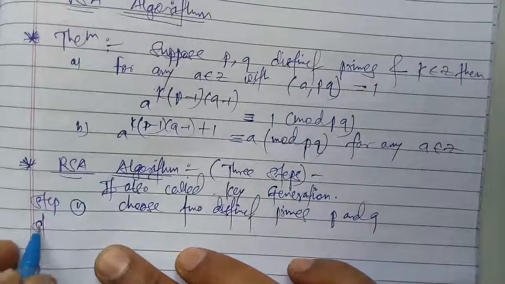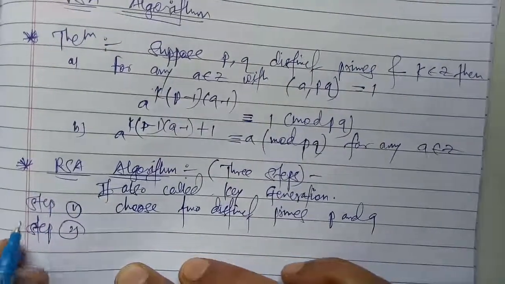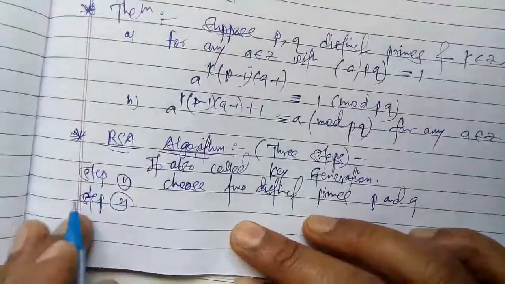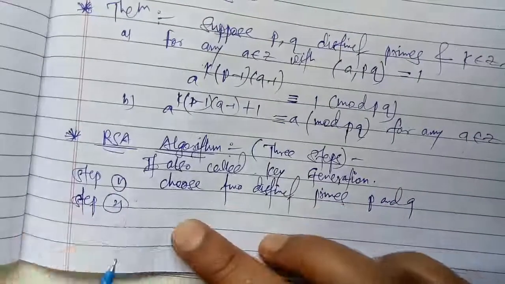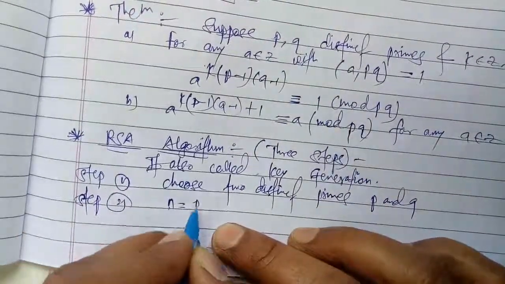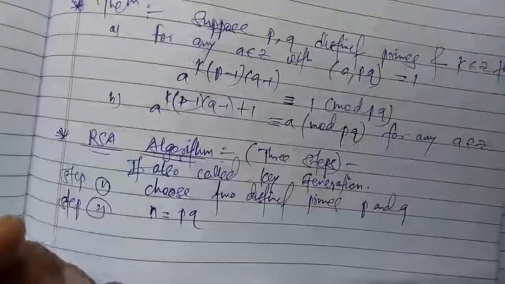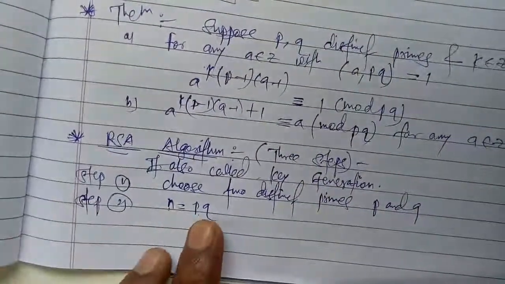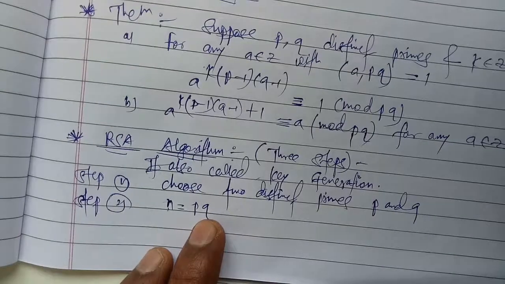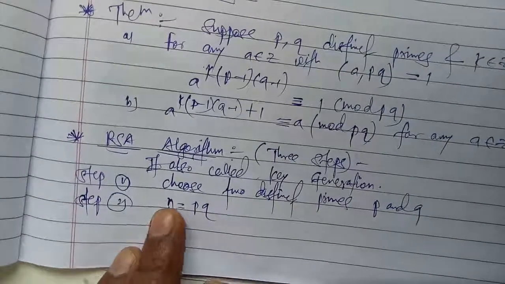Second step, using those two distinct primes p and q, take the product of p and q, and it is called small n. That product of p and q you have to consider as small n.